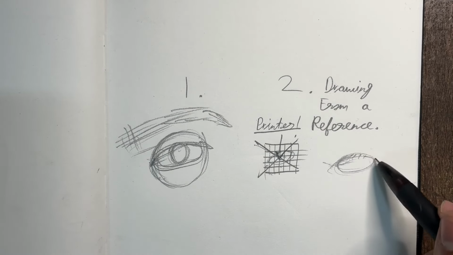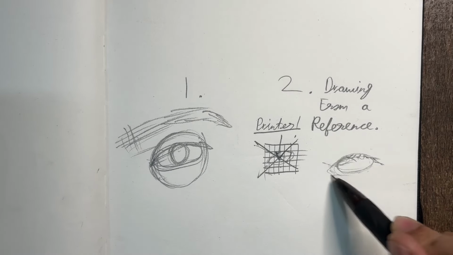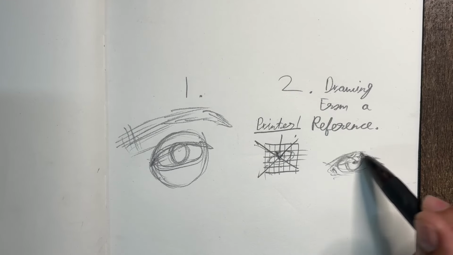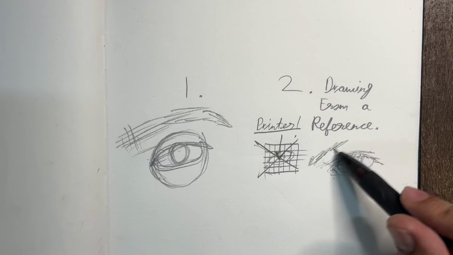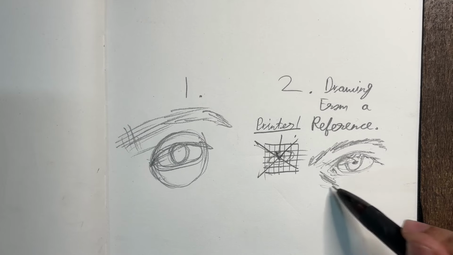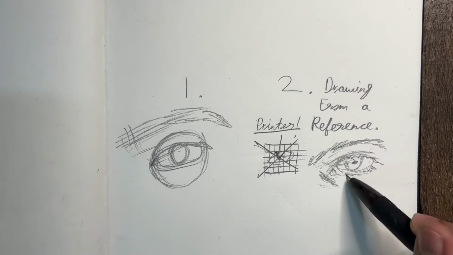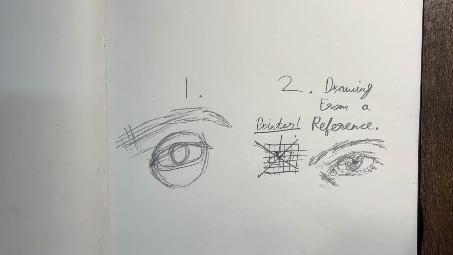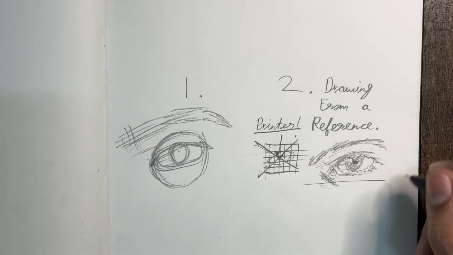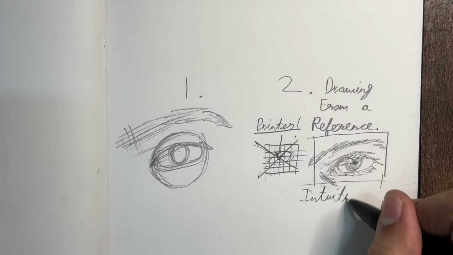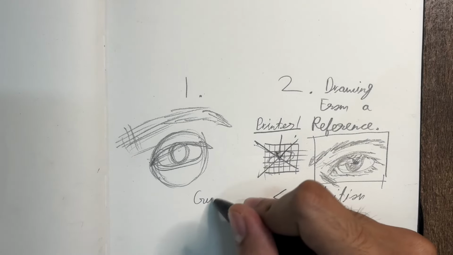So you are going to be using just your intuition in order to create something that is more lively and something that is more captivating, and I don't know how to properly describe it, but you will be able to draw much better if you were to sort of draw using intuition rather than the use of guidelines.